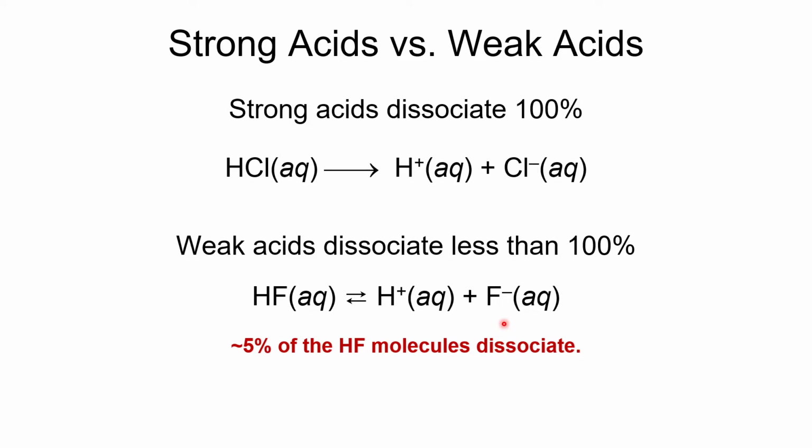Now, one thing that I want to emphasize here is just because something is a strong acid doesn't mean that it's necessarily super dangerous in every application. Sure, if you were to get HCl in your eye, that would be really bad because acids are damaging to your corneas.